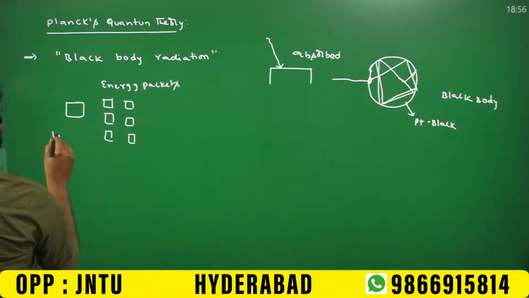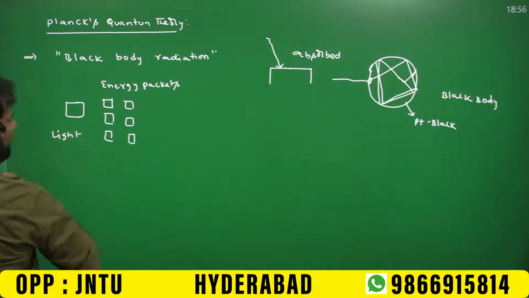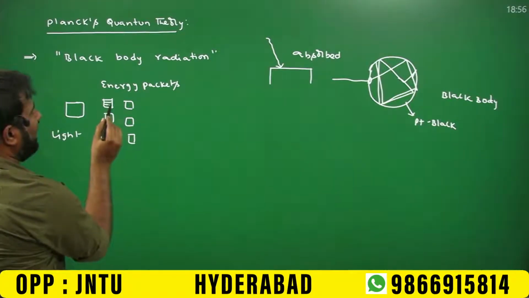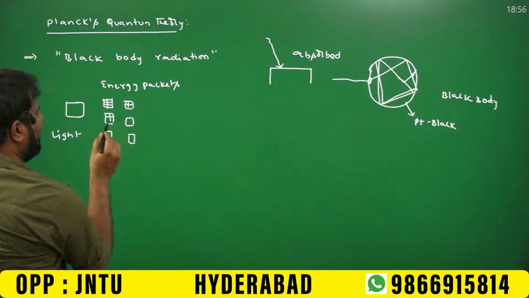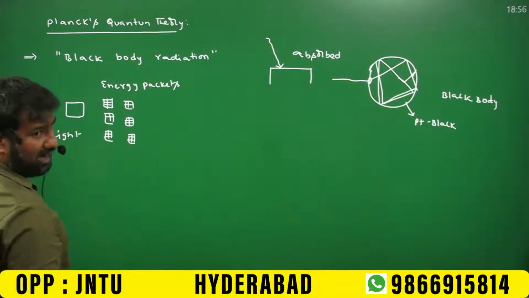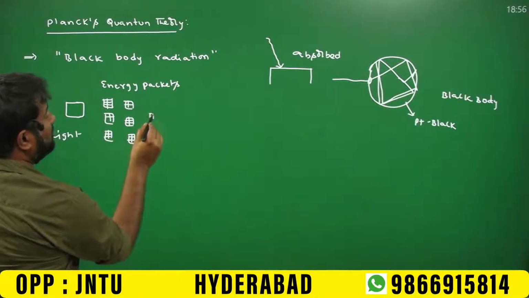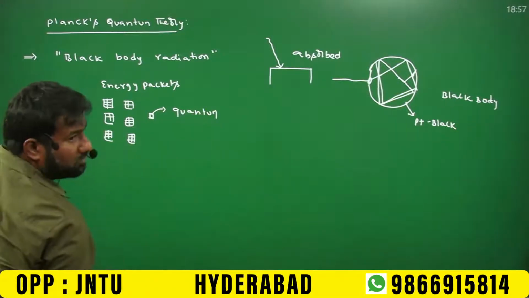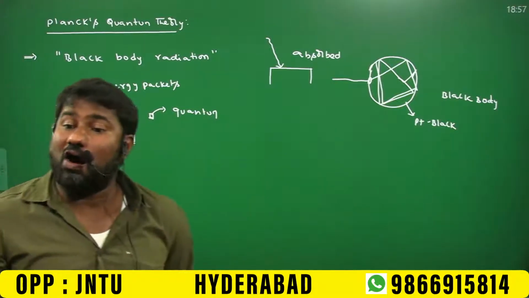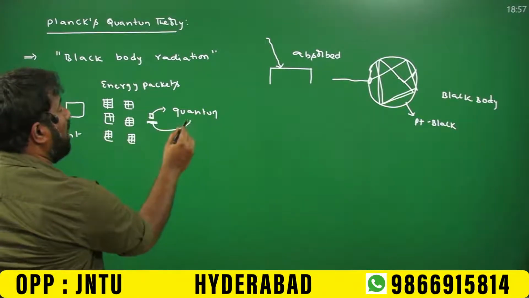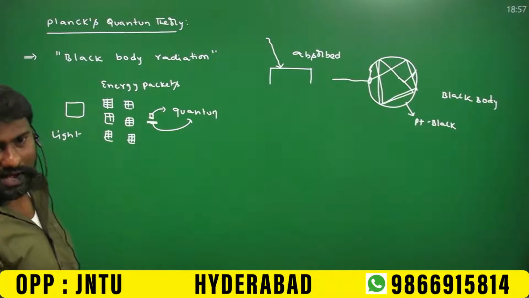Each energy packet is discretized, meaning broken down into very small energy packets. Each tiny energy packet is called a quantum. So the energy source of a given emitted radiation is nothing but the small energy packet called a quantum.